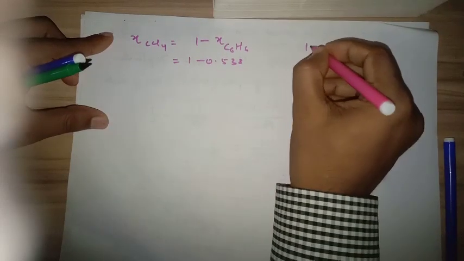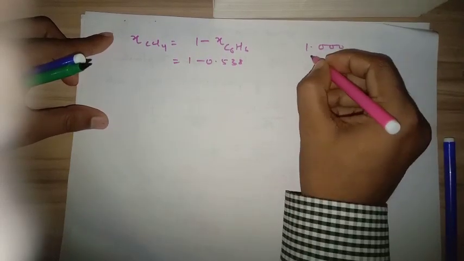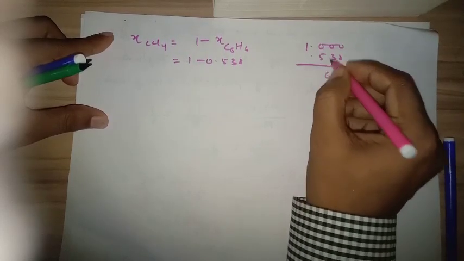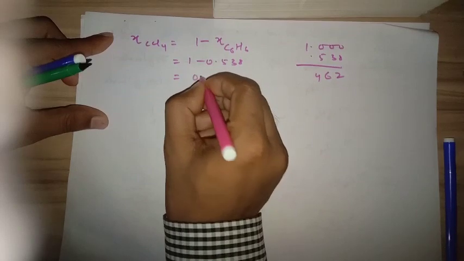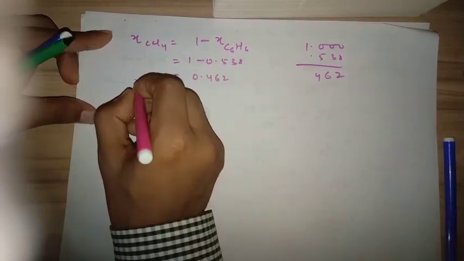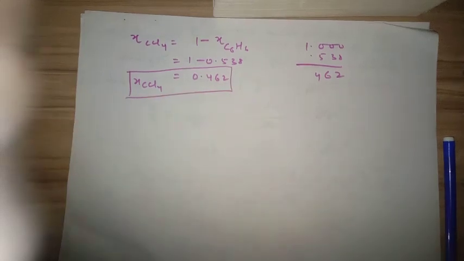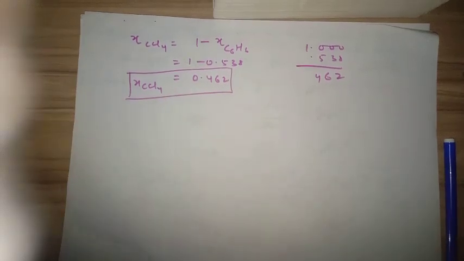On subtracting we will get 0.462. So in this way we can find the mole fraction of a given solute and solvent.